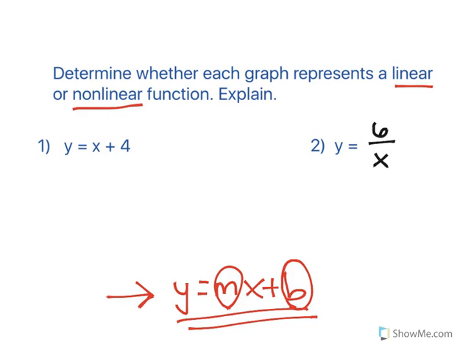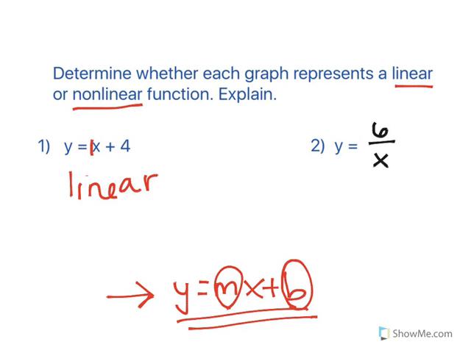If we can't get it into this slope-intercept form, then it's going to be nonlinear. So let's look here. y equals x plus 4. Well, we know that if there's no number in front of that x, we can just say y equals 1x plus 4. That is in slope-intercept form. It's in the mx plus b form, so we can say it's linear.